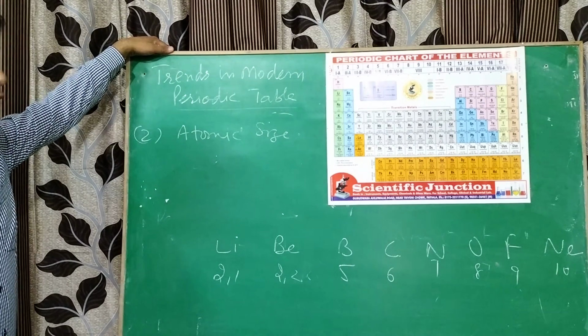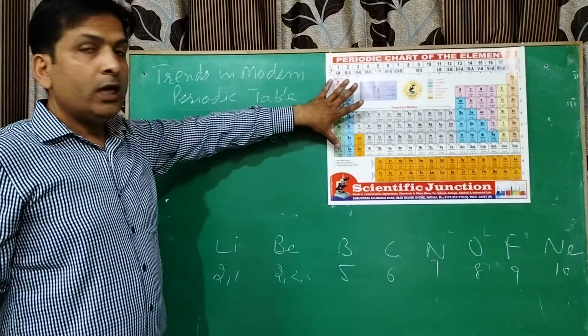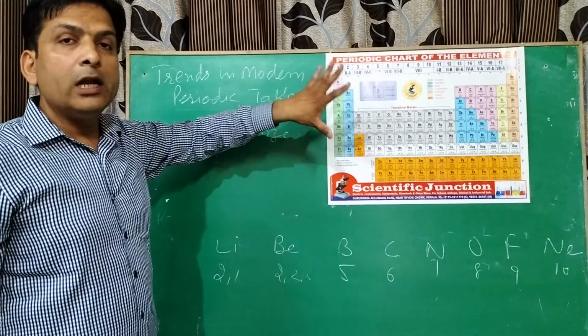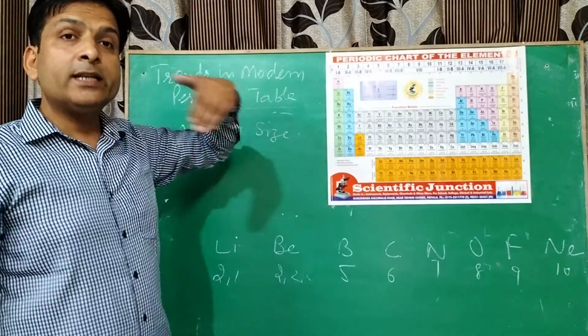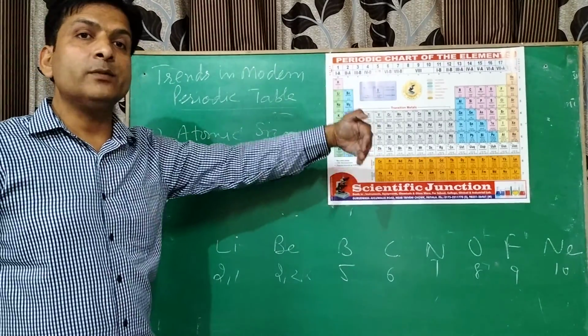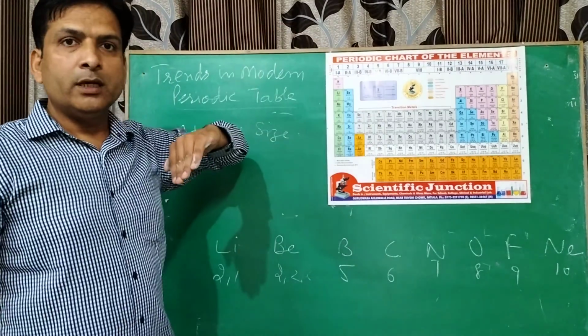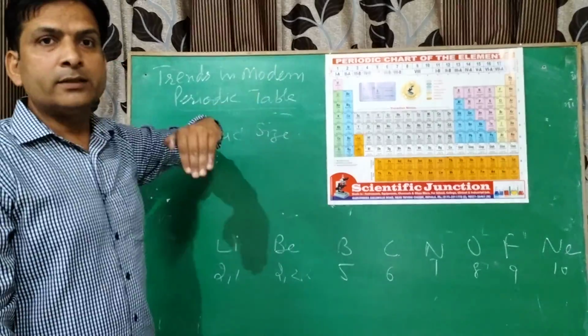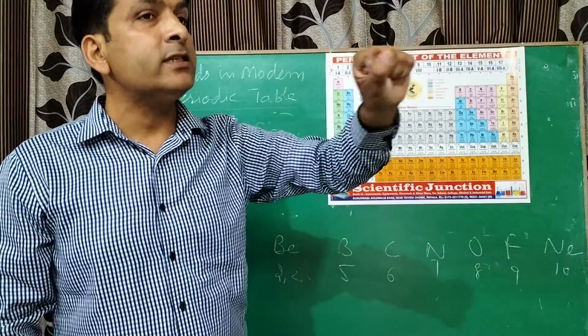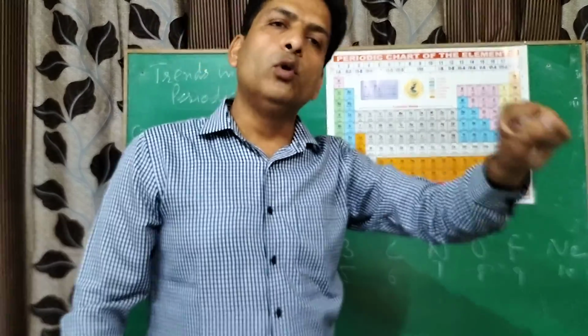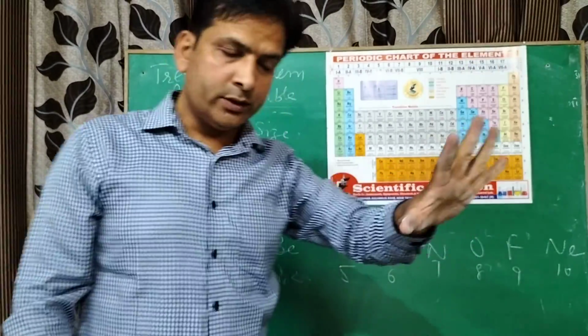Metallic character depends upon how easily an element can release its outermost electron. If it can release the outermost electron more easily, it is more metallic. If an element gains electrons more easily, then it is more non-metallic.